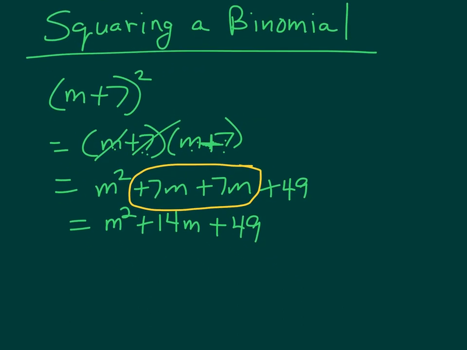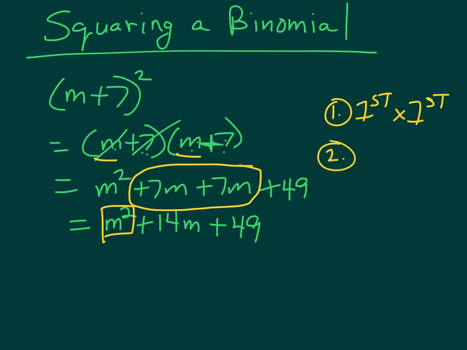Let's see. This m squared would have been m times m. So the first term is going to be first times first. What about the 14m? Well, that came from 7m plus 7m. And both of those 7m's came from multiplying the first times the second.